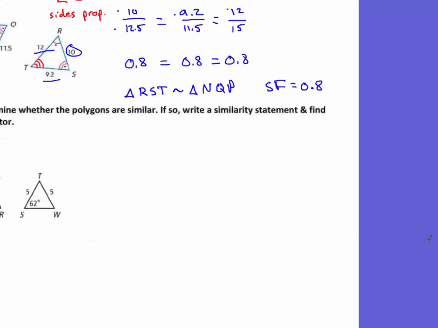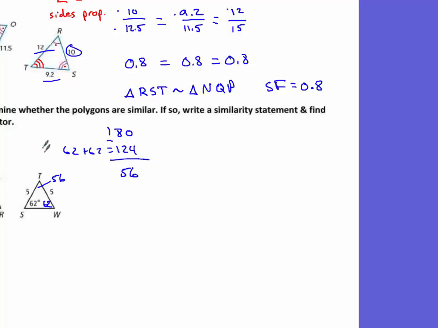Example 4, determine whether the polygons are similar. If so, write a similarity statement. Okay, so 36 and 62. Well, that means this is 62, and we could find this real quick, right? We could do 62 plus 62 equals 124, and then do 180 minus 124, and that's going to give us 56.